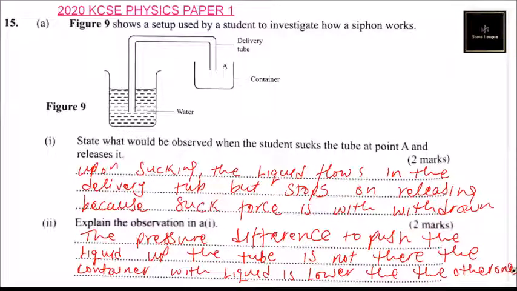So that is the reason this container needs to be at a lower level from where the water is to be delivered, or the source of water, so that the pressure difference will enable the water to flow through the delivery tube. So that's how we answer that question. Let's go to part B of this question.